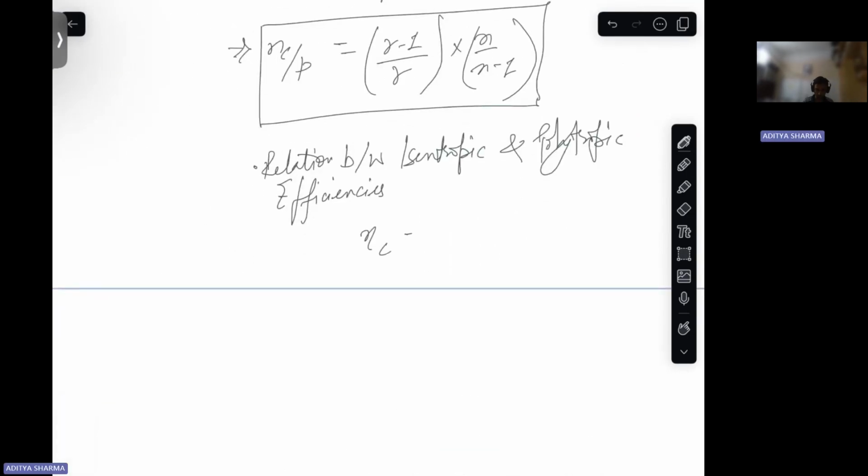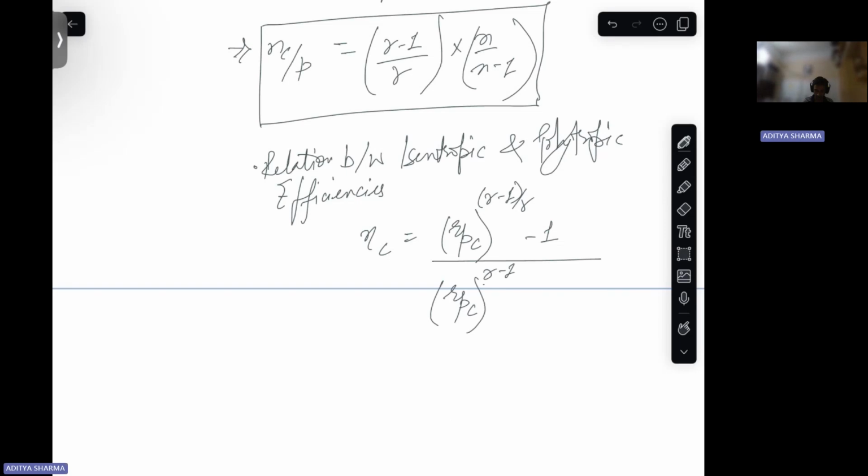So NC is equal to, like we did with the turbine, same way we can do it with compressors.